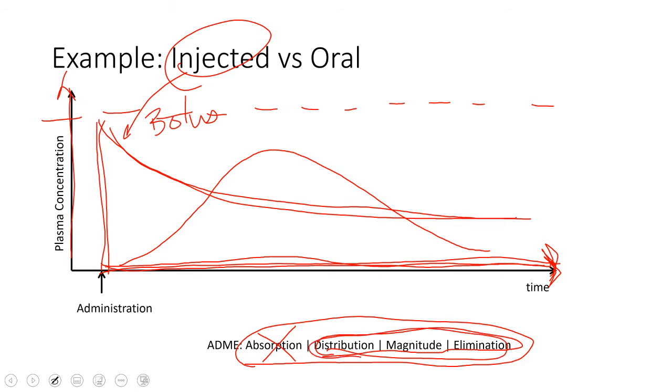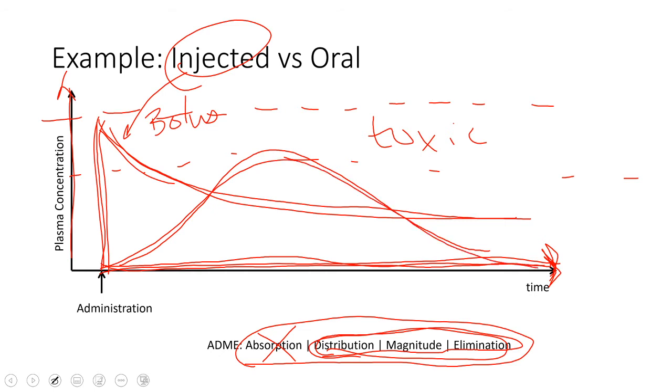So in terms of plasma concentration, you'll get 100% of it entering the plasma, but sometimes you don't want this huge spike, because what if this was the toxic concentration? Then that is not desired. And if this line stays right below it, then maybe an oral solution is better. There are a lot of considerations in drug delivery.